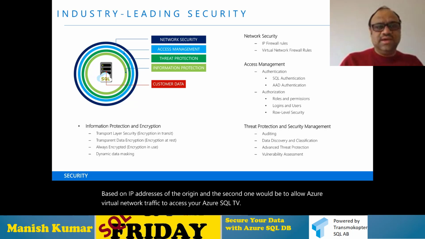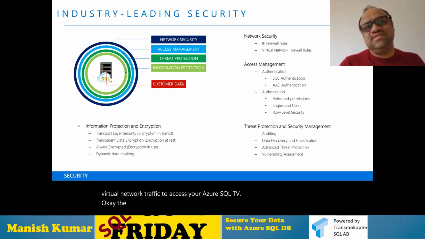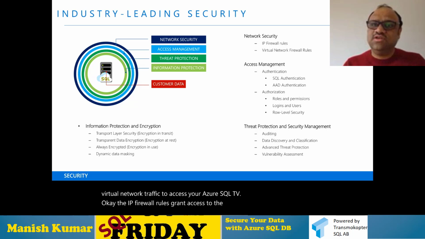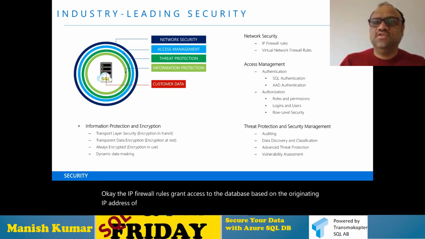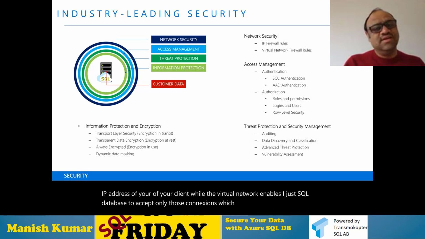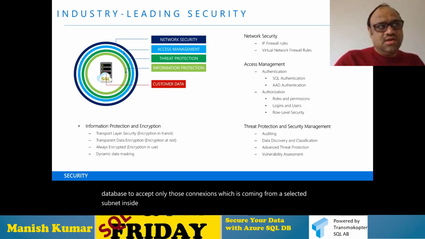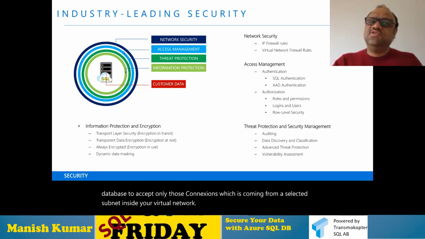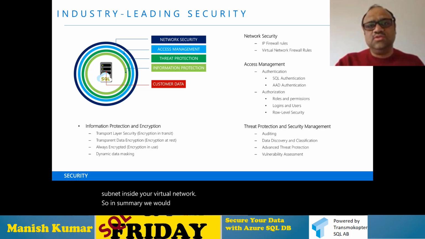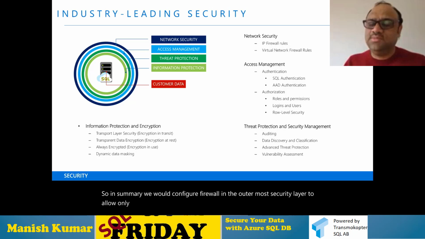The IP firewall rules grant access to the database based on the originating IP address of your client, while the virtual network enables Azure SQL Database to accept only those connections coming from a selected subnet inside your virtual network. In summary, we configure the firewall in the outermost security layer to allow only legitimate traffic to come in.